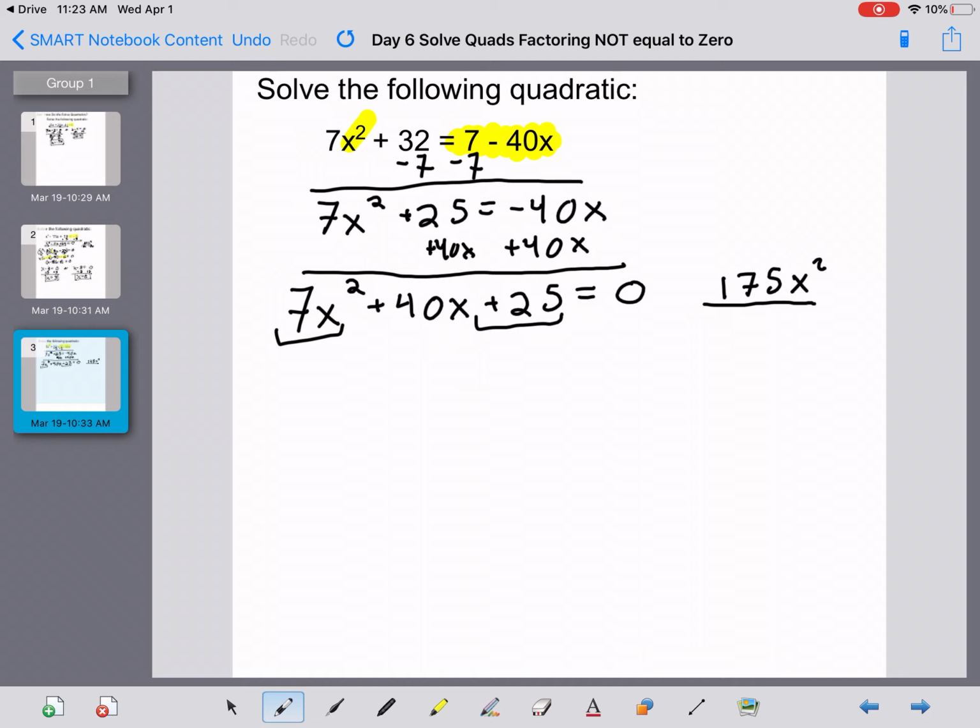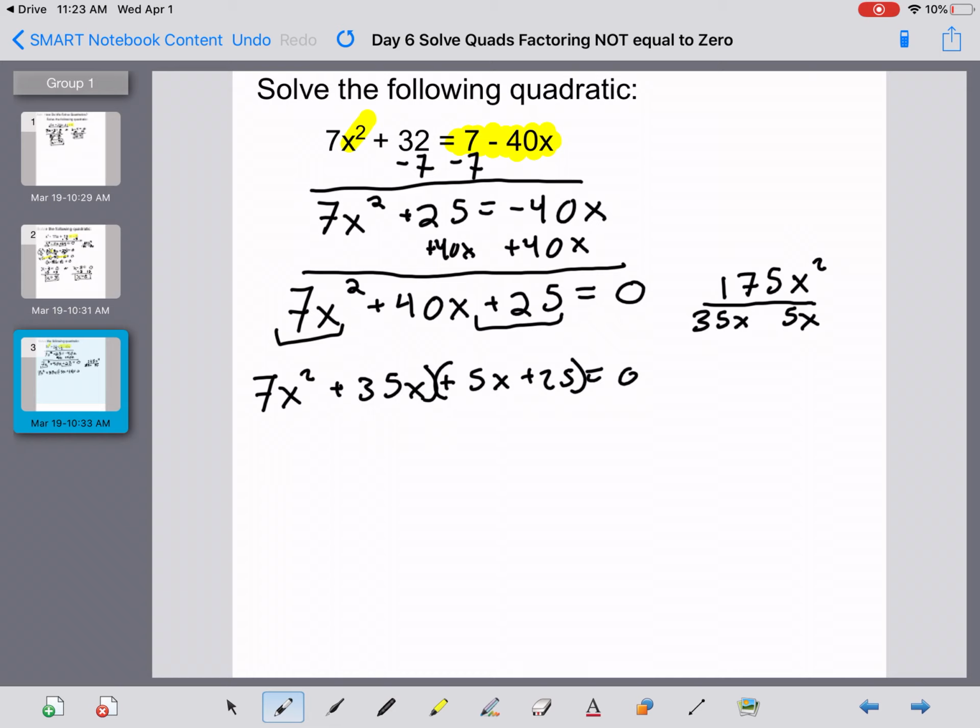The numbers that work for that are 35x and 5x. So I have 7x squared plus 35x plus 5x plus 25 equals 0.